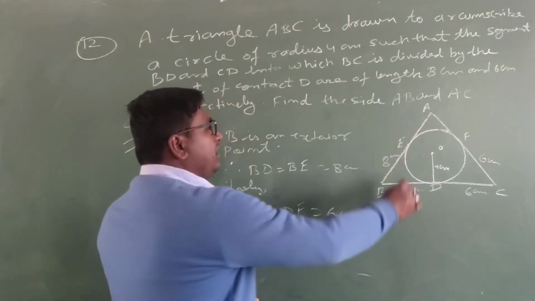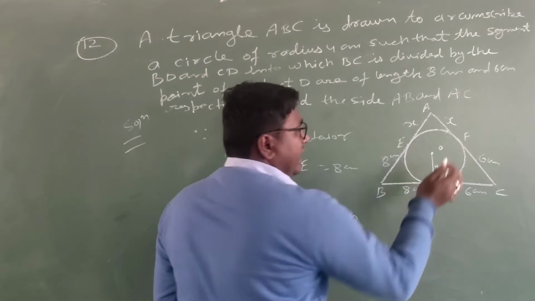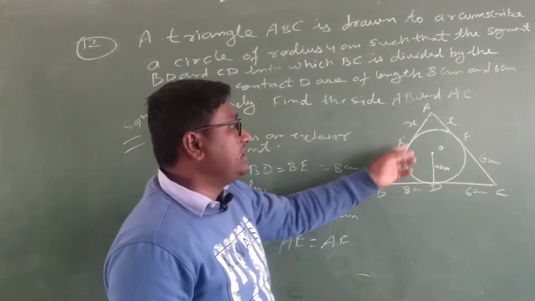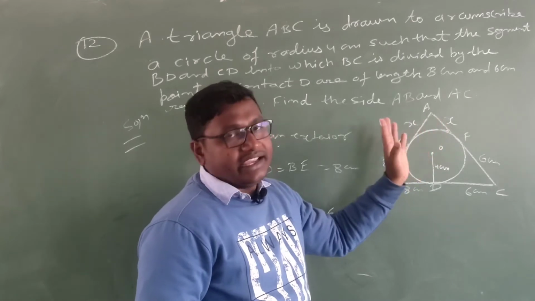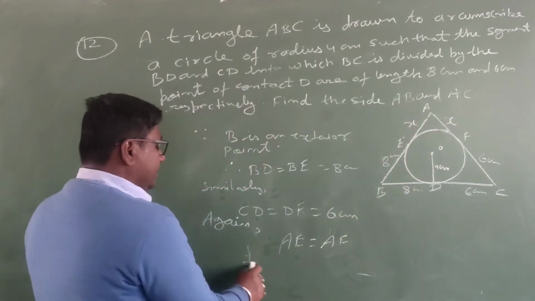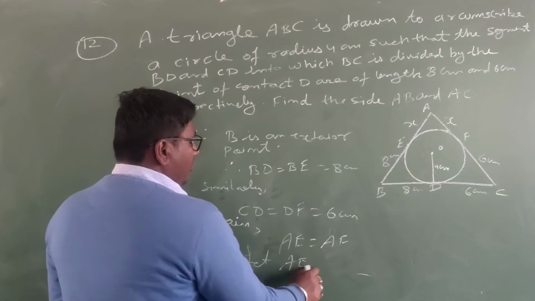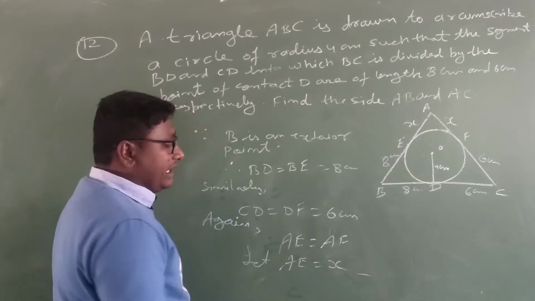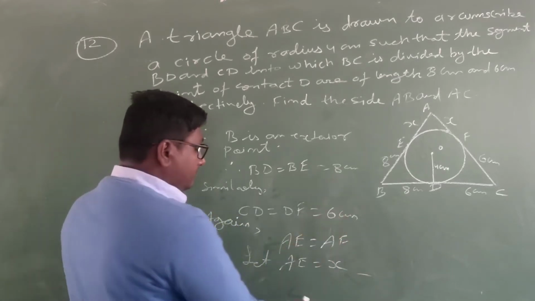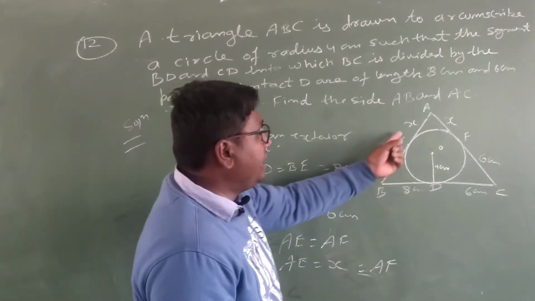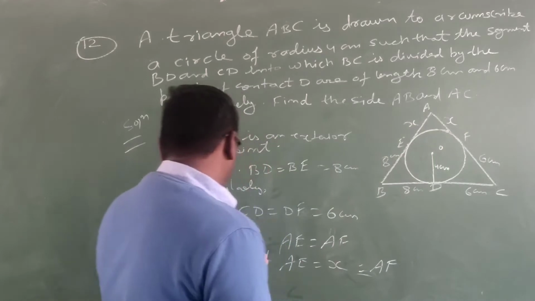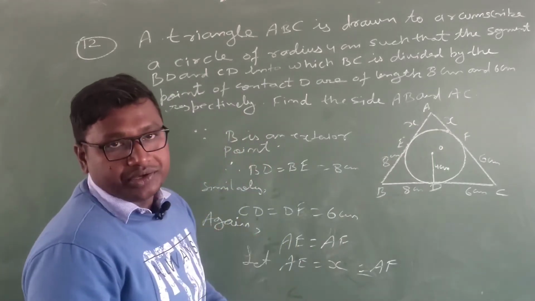The length has not been given, that's why I assume it as X. So let AE be equal to X. So directly AF will also be X. Now we start solving the question.